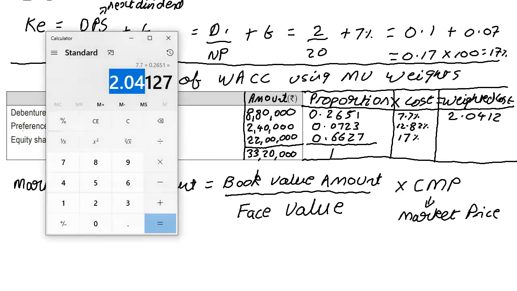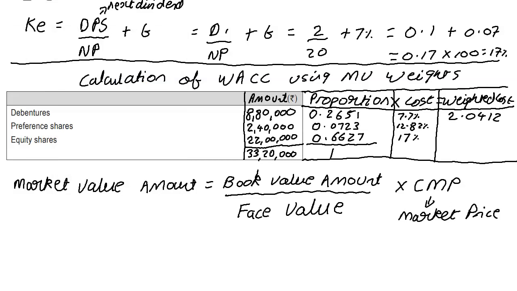Okay, the next one we have 12.82 multiplied by 0.0723, which gives us 0.9268, and since this fifth number is 5 or more than 5, I'm going to write this down as 0.9269.